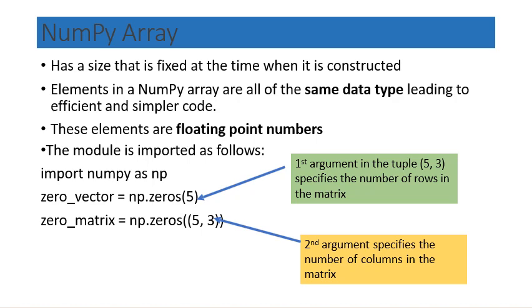This means that the first argument in the tuple (5, 3) specifies the number of rows in the matrix. 0_matrix equals np.zeros((5, 3)), meaning the second argument, which is a 3, specifies the number of columns in the matrix. So basically, this is how it actually works.